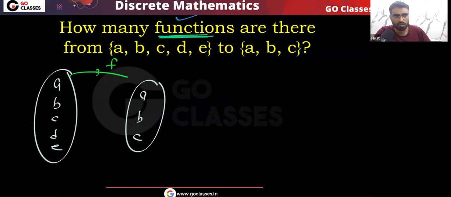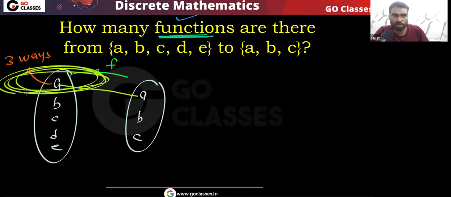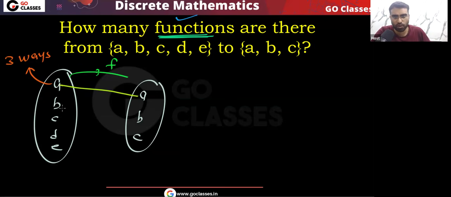Yes or no? So in this situation, just tell me how many choices for A? This A I can map here, or I can map here, or I can map here. So for this A, there are actually three ways, or there are three choices. Once I am done with A, let's assume I am mapping A with A. Now, once this is over, now tell me how many choices for B. Again, there are three choices for B.